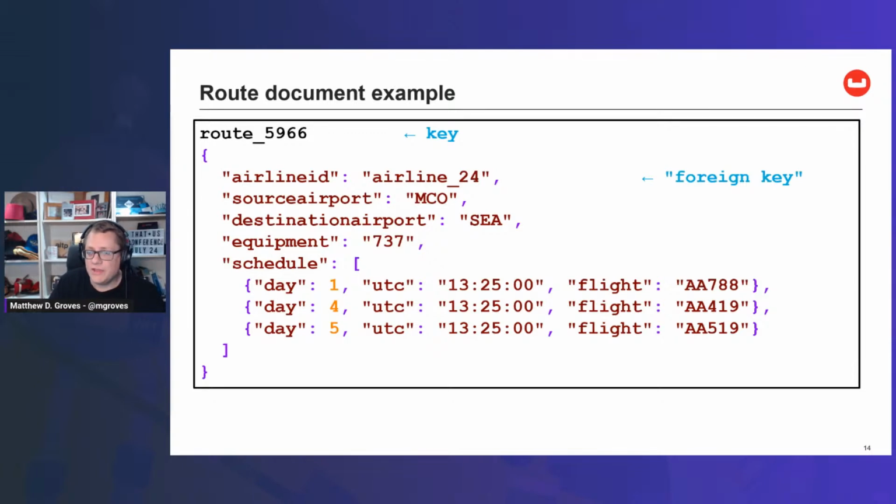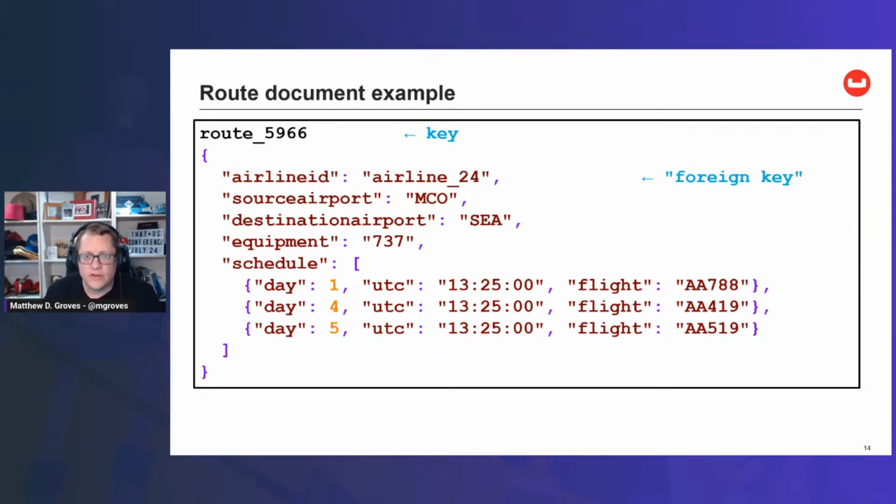Now, each document has a key. This is stored in different ways from database to database. Couchbase stores it as metadata, so it's not actually in the JSON itself. Mongo has an underscore ID, a sort of magic string for the key, but it's the same kind of concept.